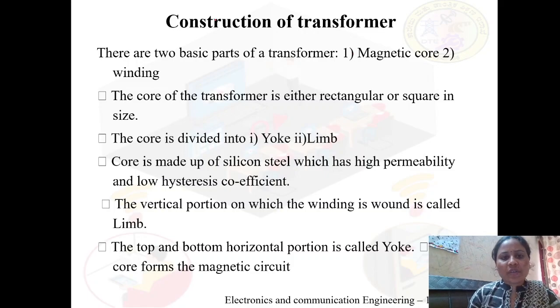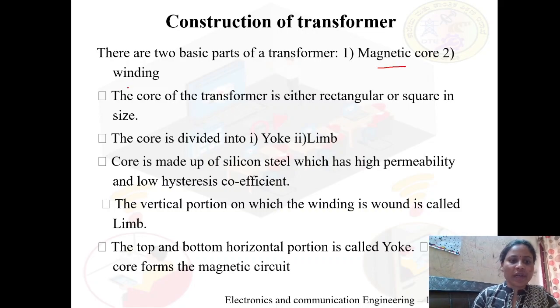Now, let us see the construction of the transformer. As I said just now, it has two main parts, the magnetic core and the windings. The magnetic core is either rectangular or square in shape, and the core is divided into two parts, yoke and limb.